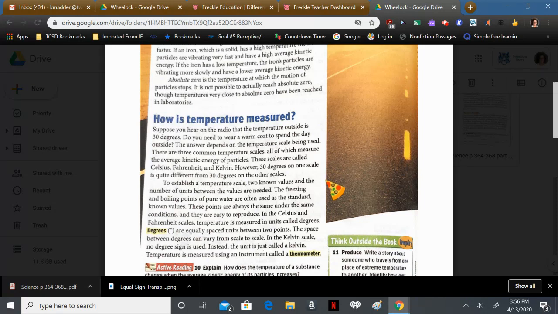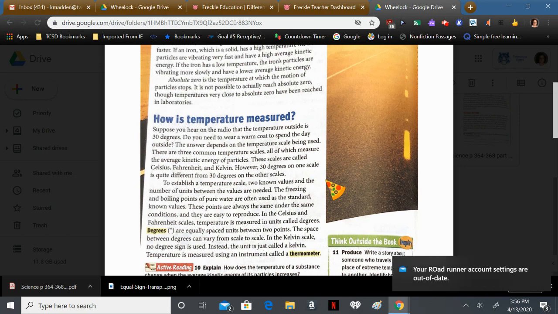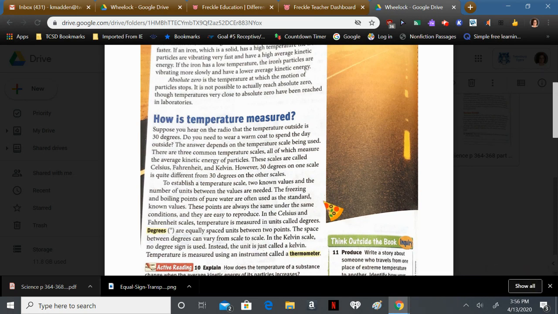To establish a temperature scale, 2 known values and the number of units between the values are needed. The freezing and boiling points of pure water are often used as the standard, known values. These points are always the same under the same conditions, and they are easy to reproduce.